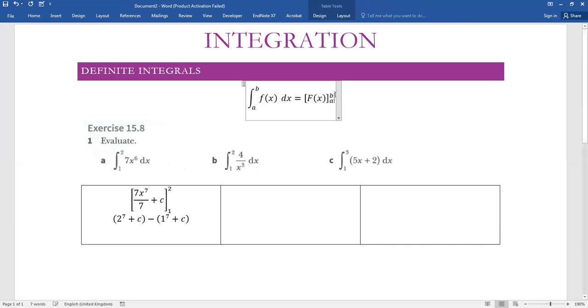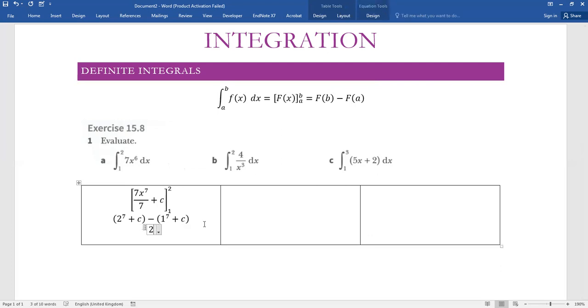So technically, once we get the function after integration, we plug in the upper limit minus the lower limit. Is this clear? So what do we get? 2 to the power 7 is 128 plus c minus 1 minus c.